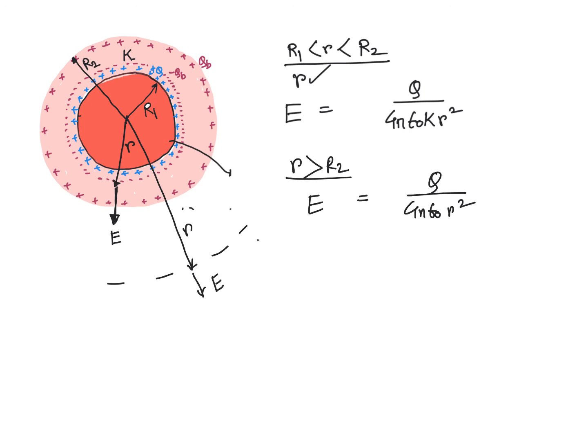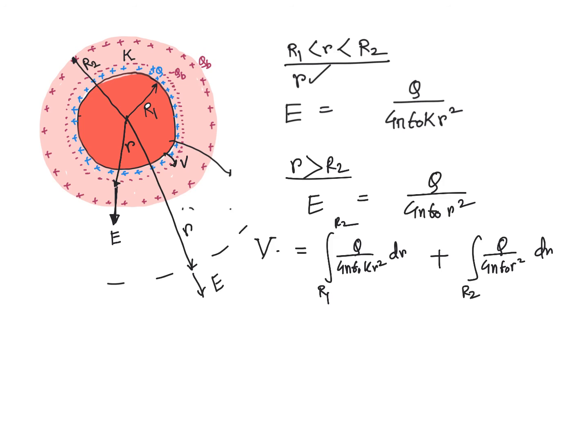So the potential of the inner shell, V, that is the potential difference between the inner shell and infinity, is the integration of E dr from R1 to R2 plus the integral of Q by 4 pi epsilon naught R square dr from R2 to infinity. So you can evaluate V, and then substitute the capacitance as Q by V.